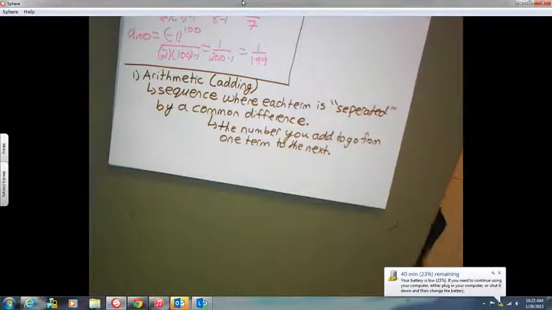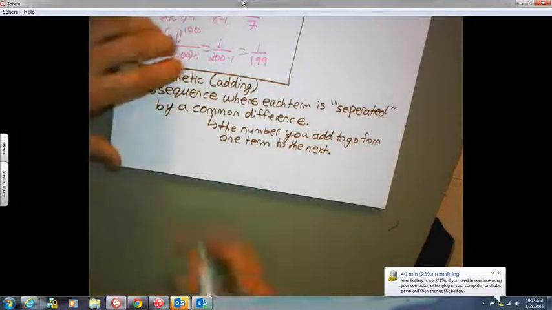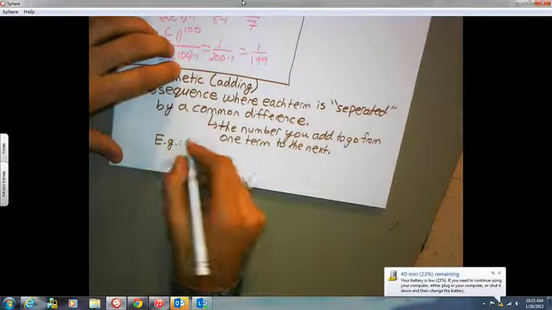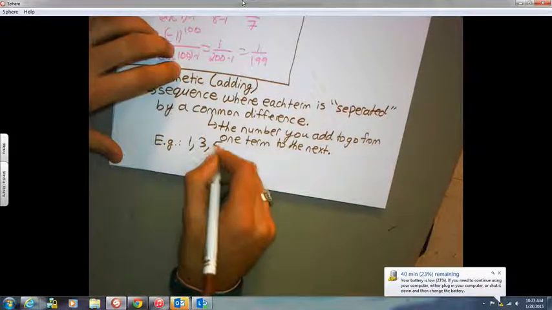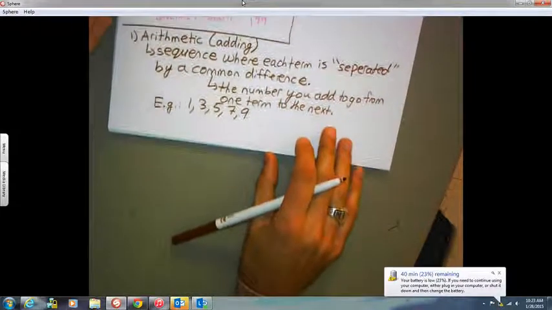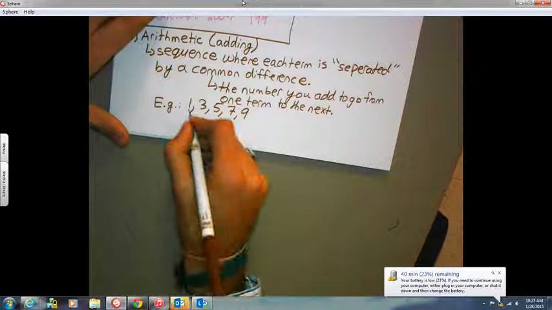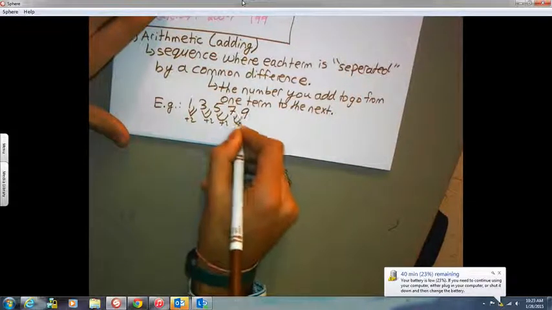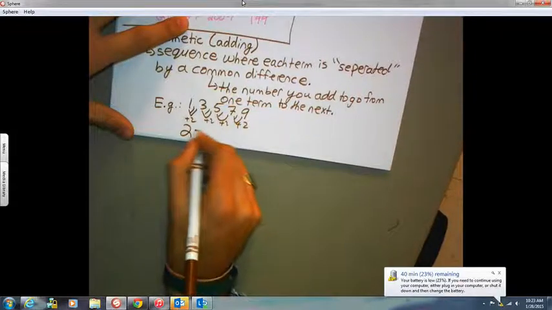By way of example, 1, 3, 5, 7, 9. Every time I add 2, so we would say that 2 is the common difference.